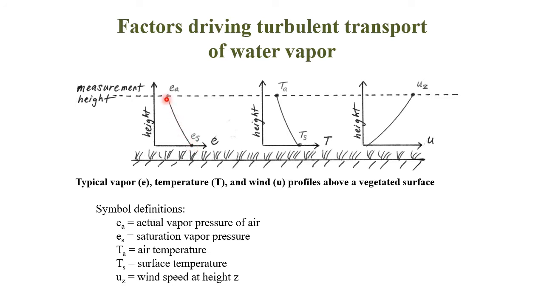As you go up to the measurement height, you get an actual vapor pressure of the air. Similarly, the temperature at the surface is relatively warmer because of the radiation, and as you go up into the air, you get an actual or ambient air temperature. The wind speed increases as you go up into the air, up to the measurement height of the wind speed.